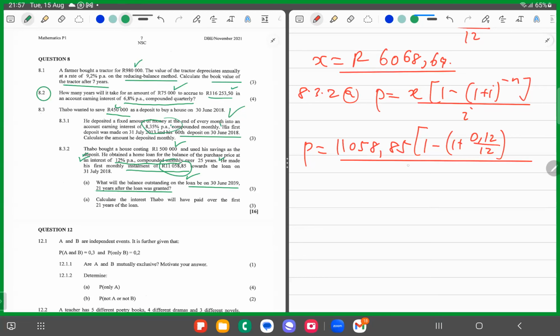So i is going to be 0.12 divided by 12, and this is going to be minus 4 years by 12.